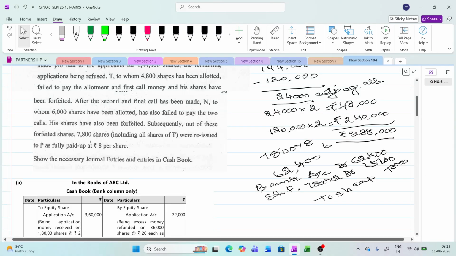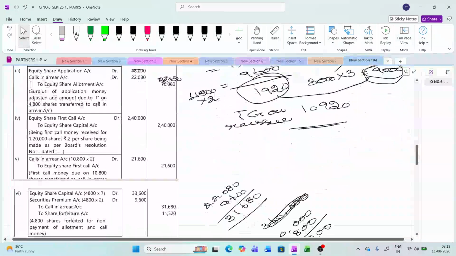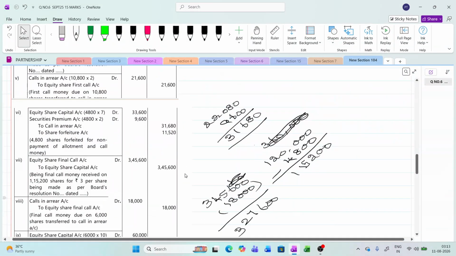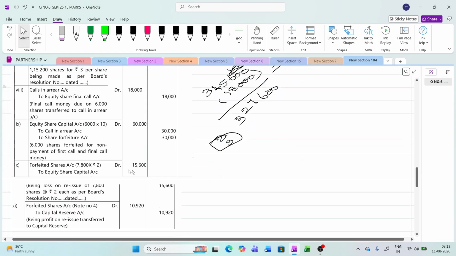And the 2 rupees we require, we will be taking from your forfeiture account, 15,600. So you will be making this separate entry. This 62,400 to share capital account will appear in your bank account, and 15,600 will appear in your journal entry. That's it, not a very big thing. If you are well versed in practicing, you will be able to do it faster.